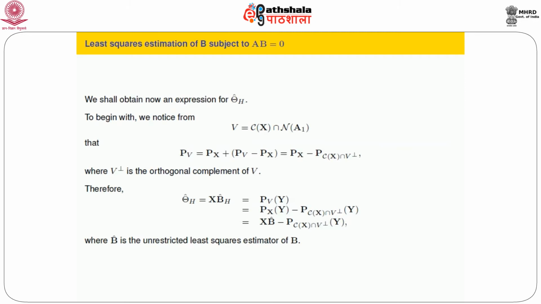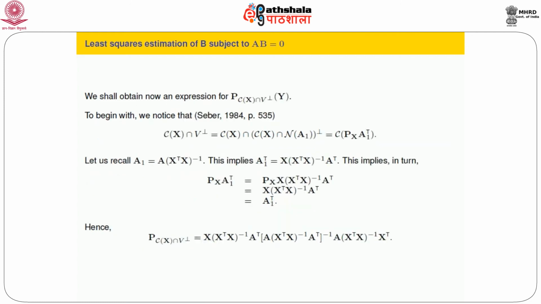So let us recall now, what is A1? A1 we have defined to be A times X transpose X inverse. Let us remind ourselves that we have already assumed that capital X is a matrix of size n cross p with full column rank. So Px A1 transpose turns out to be A1 transpose.